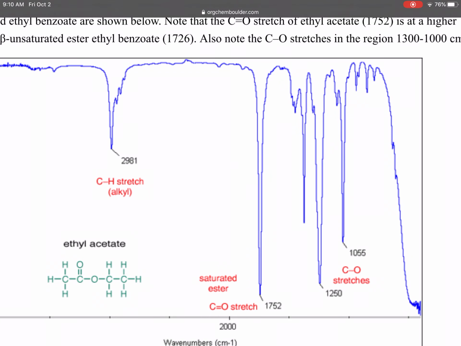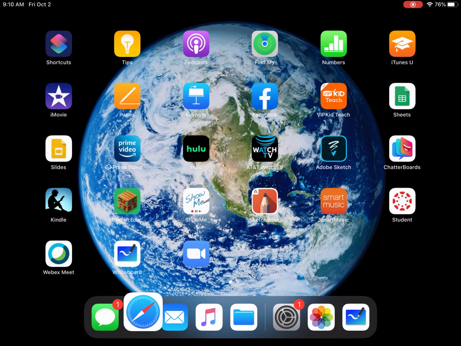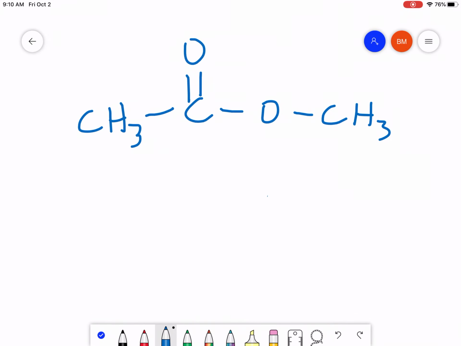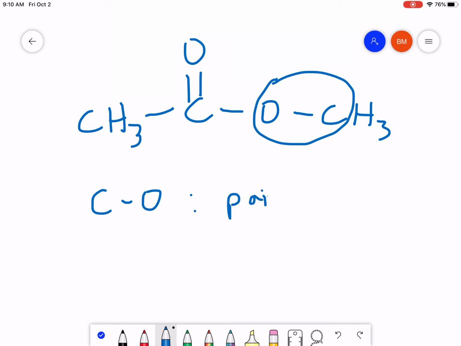Very characteristic. If you look at the structure of an ester, this is where you have to really count on that CO stretch. Now remember, we mentioned this with alcohols. The CO stretch appears as a pair of peaks between about 1,300 and 1,000 in the fingerprint region, so it's a little bit tricky to dive in.